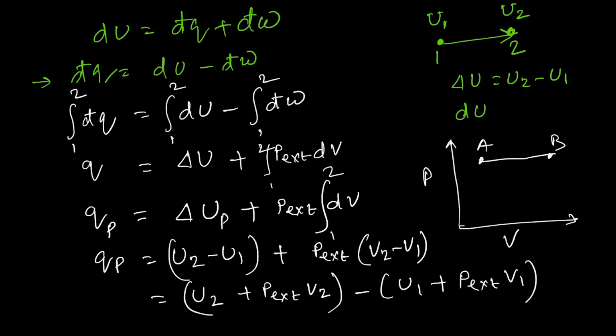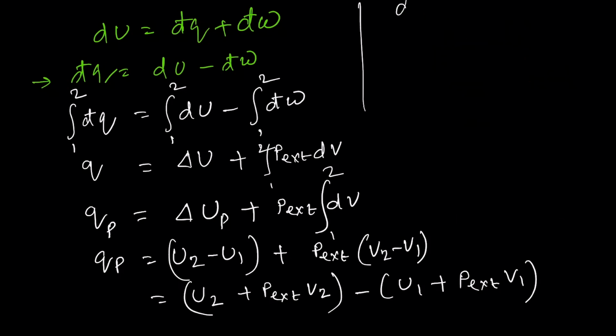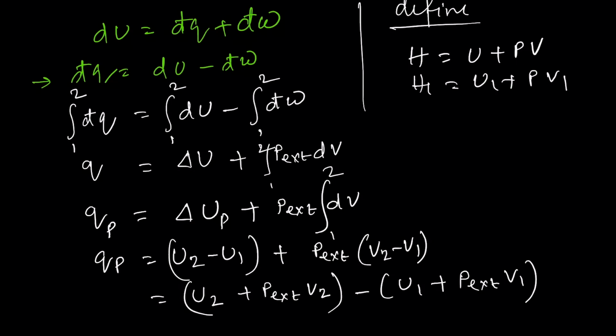Now I define a new quantity H to be U plus PV, such that my H1 is U1 plus P1V1 and H2 is U2 plus P2V2.